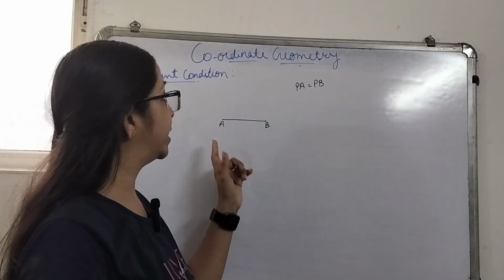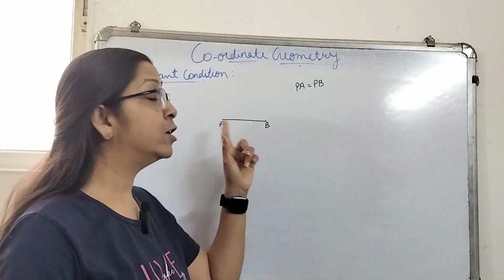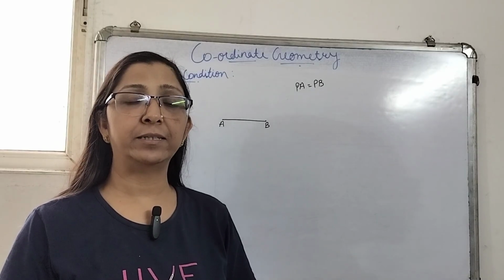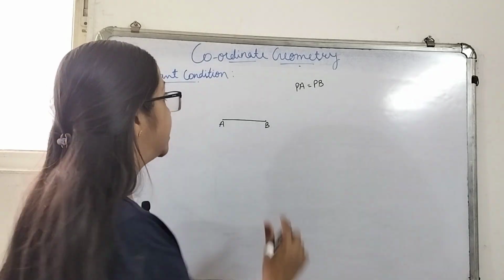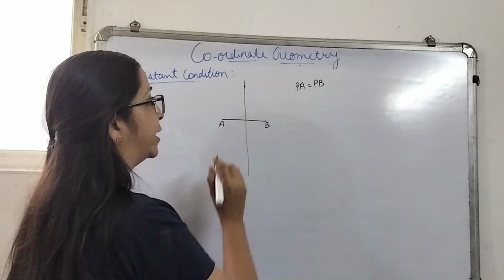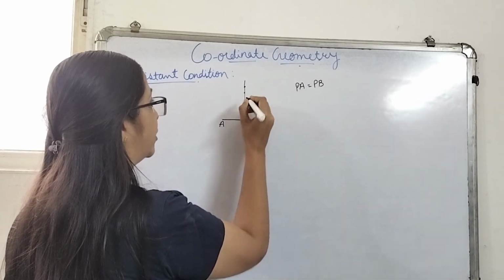And we know that if we take the perpendicular bisector of this line segment, every point which lies on the perpendicular bisector will be equidistant from both the 2 points. Suppose this is the perpendicular bisector and this is a point lying on it. This is also one of the points.